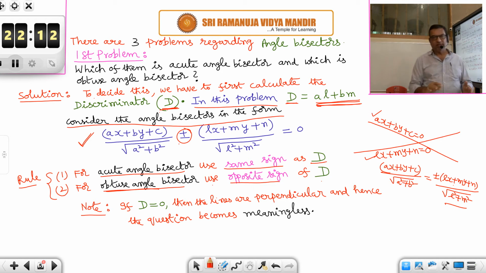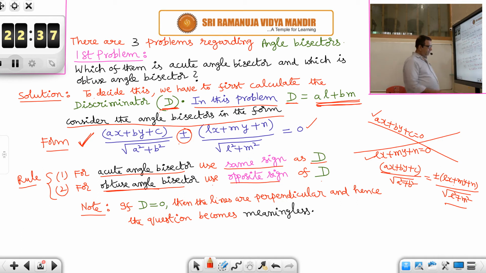For acute angle bisector, same sign as D. For obtuse angle bisector, opposite sign of D must be used, and also you have to take the angular bisectors in this form. Form is also very important. Both the lines on the same side of the equation you have to take, only 0 on the right side. So in this form you have to use the signs like this.